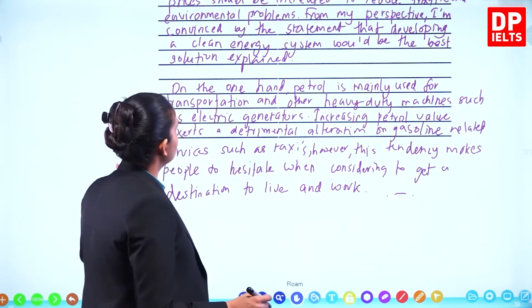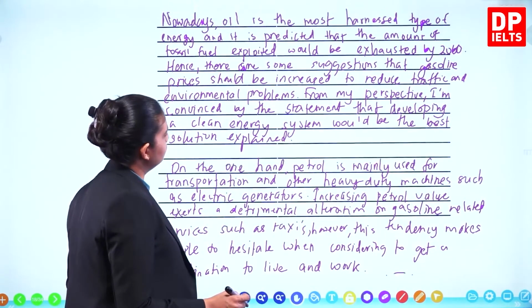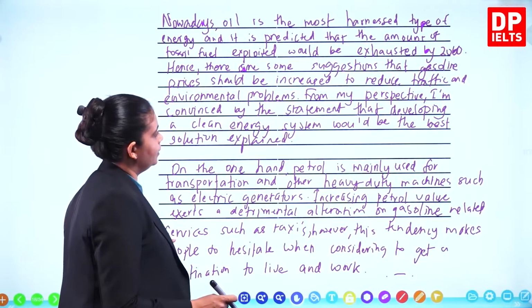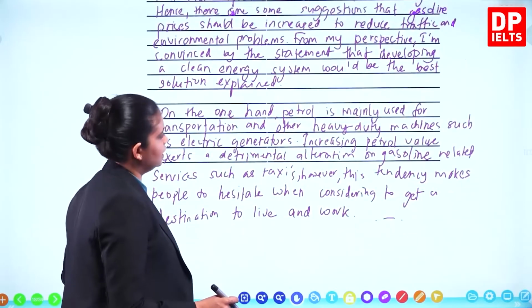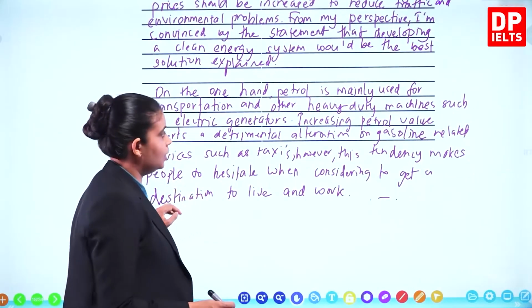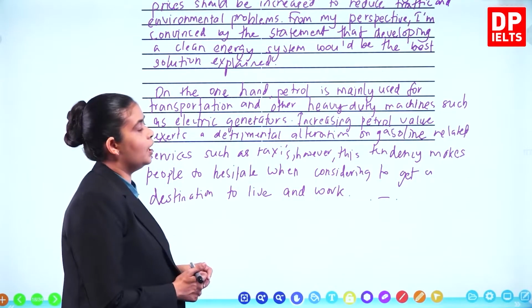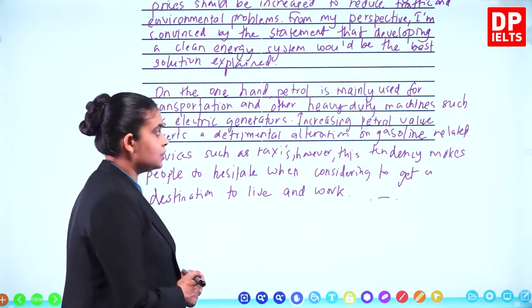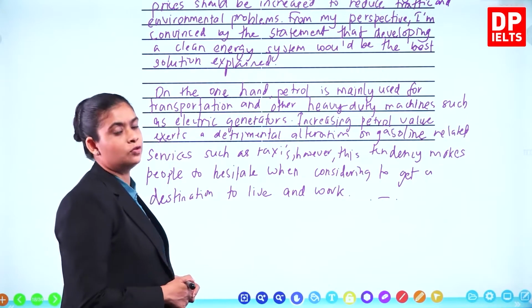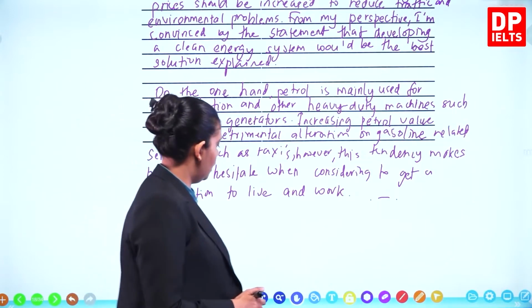Okay. So I've written the introduction. Okay. And then we start explaining the views. Okay. So on the one hand, you talk about how petrol is important and how the increase of petrol price will actually affect.